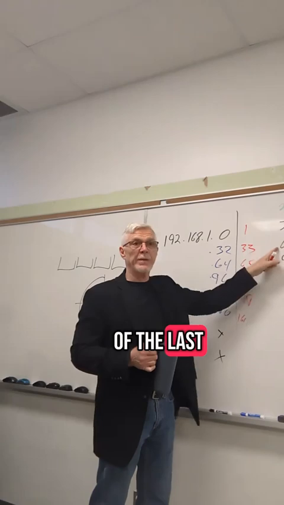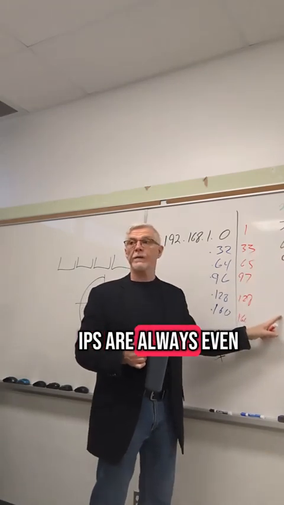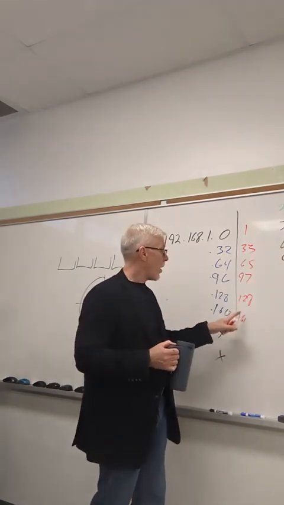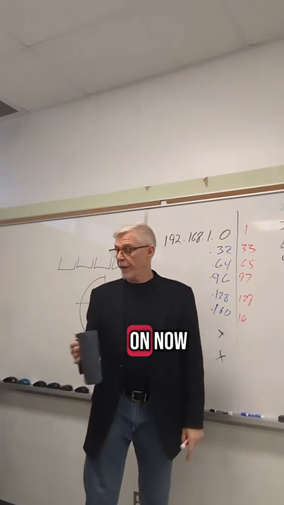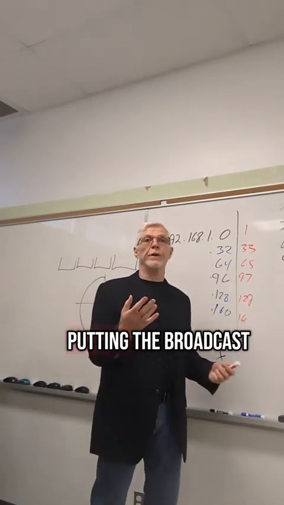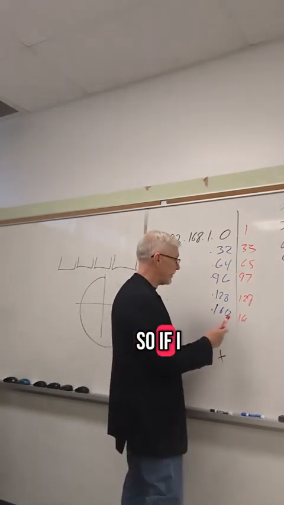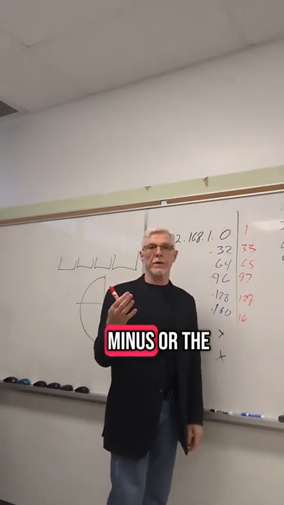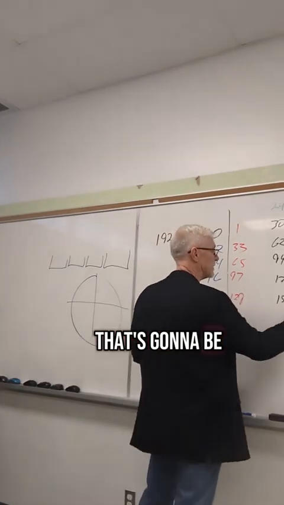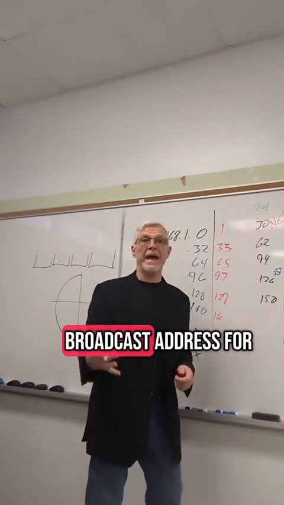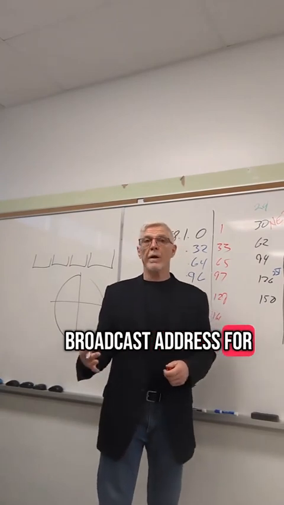All of the last IPs are always even. All of the first IPs are odd. Now, what we're not doing here is putting the broadcast address in. So, what you do is you take the network ID minus 1. So if I took 160 minus 1, that's going to be 161. That'll be the broadcast address for that network.